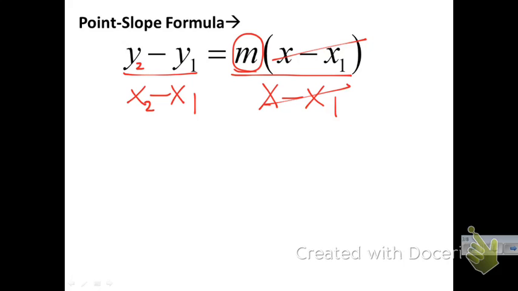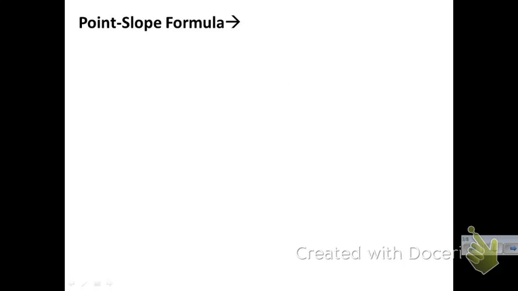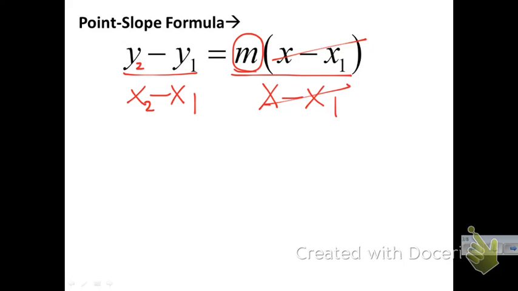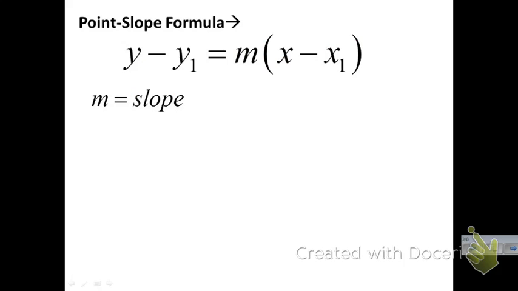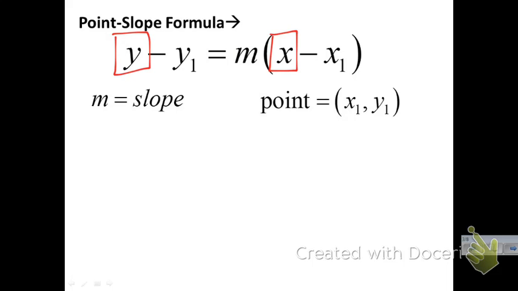So we find that slope formula actually comes from the point slope formula. So I want you to pay attention to that formula. M is our slope. Our point is your x1, y1. So if you notice, there are two things that do not get replaced. It's this x and this y.